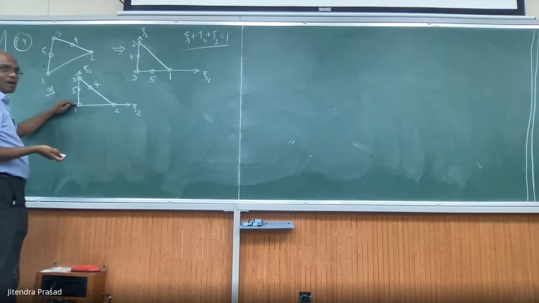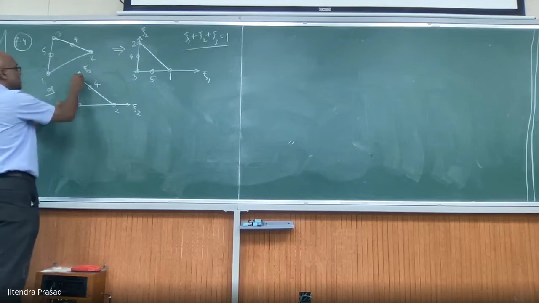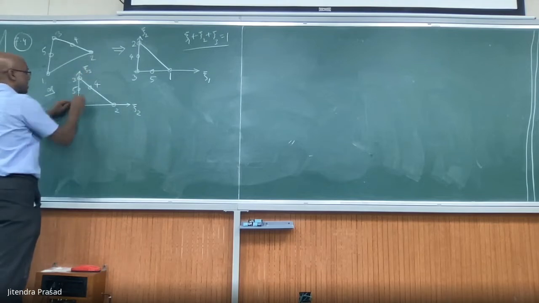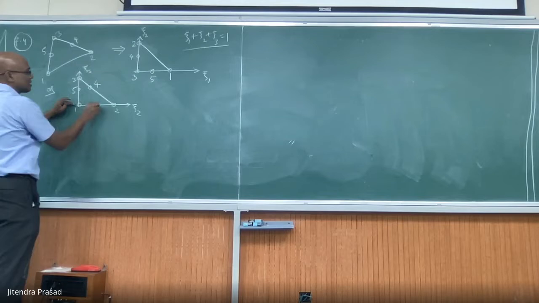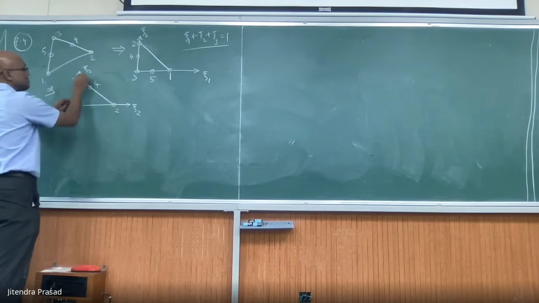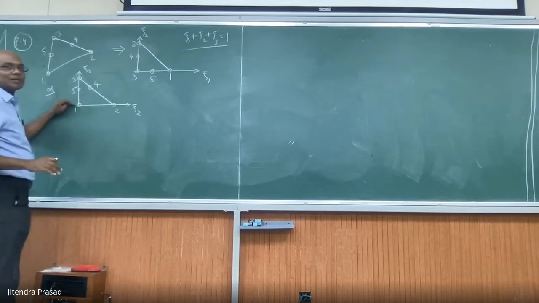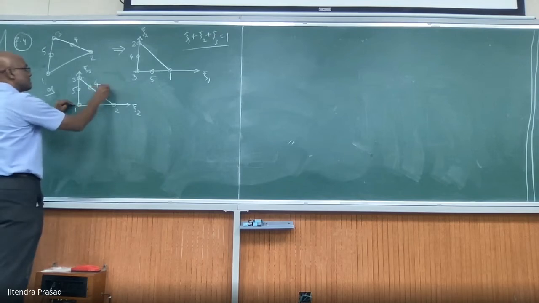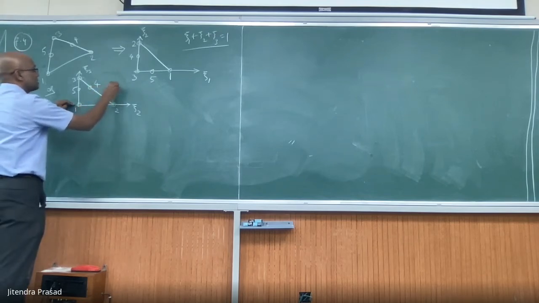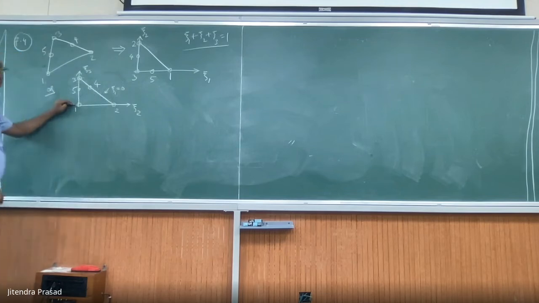You can write it that way, because if you see, xi3 is equal to 1 at this node and xi3 equal to 0 here. And this line will be xi1 equal to 0. That is, 1 minus xi2 minus xi3 equal to 0. This is what this equation will be.